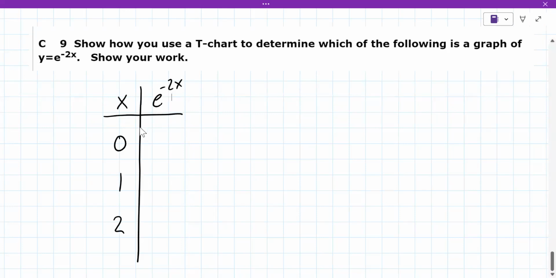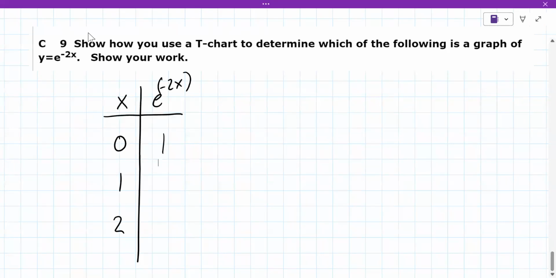So you're going to put in 0 for x. So it's e to the minus 2 times 0. You'll probably need this to be in parentheses. The answer for that would be 1.